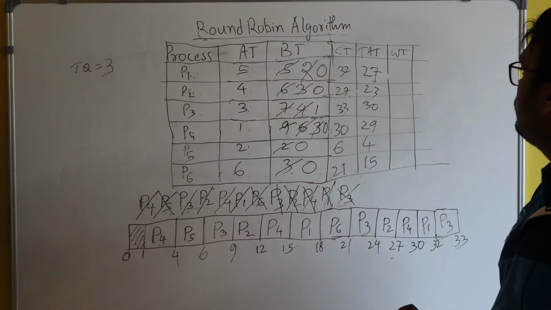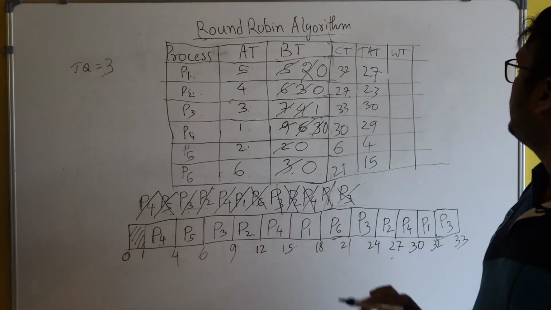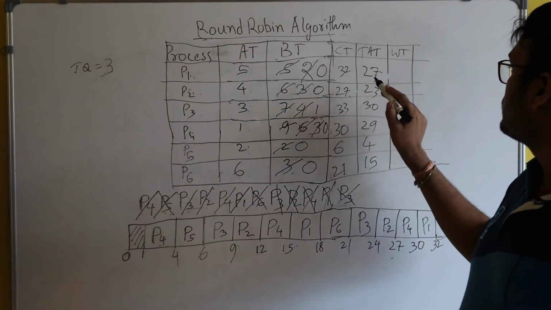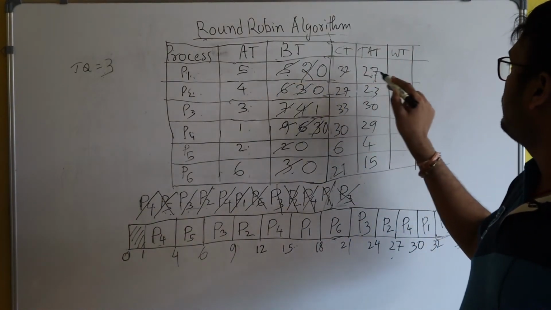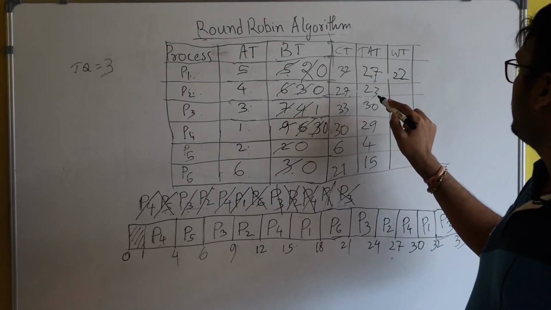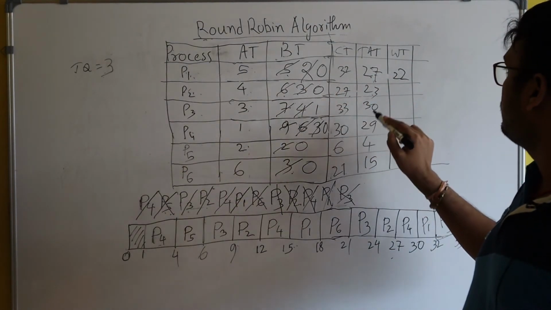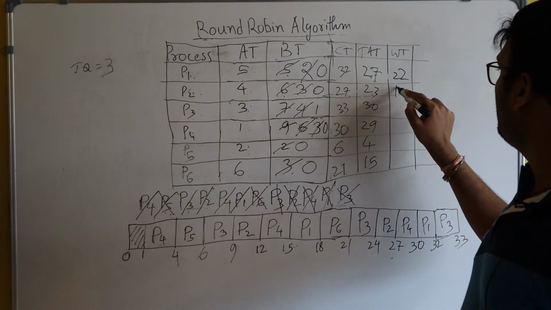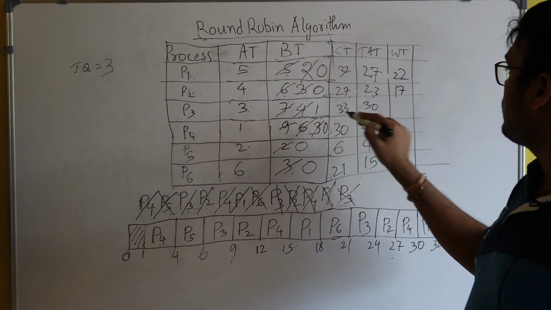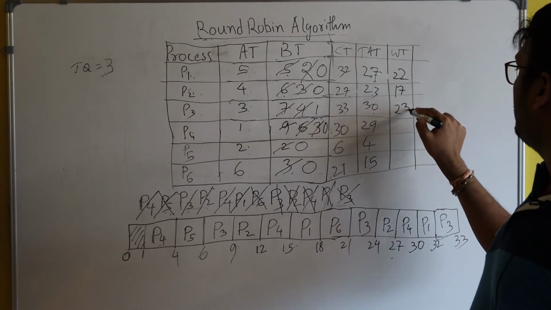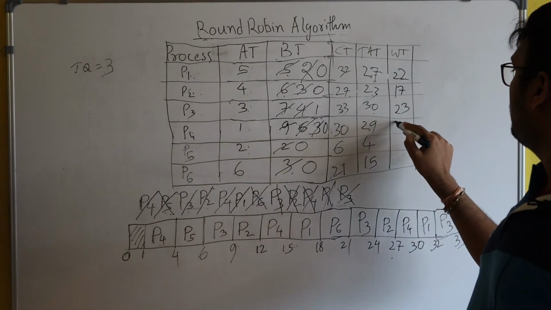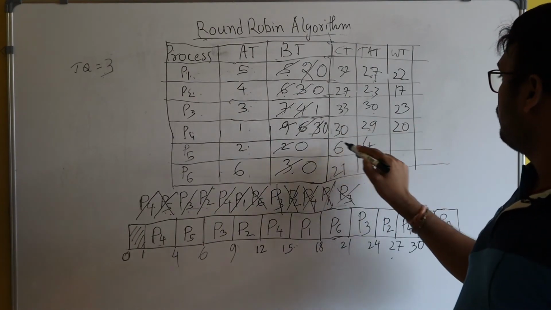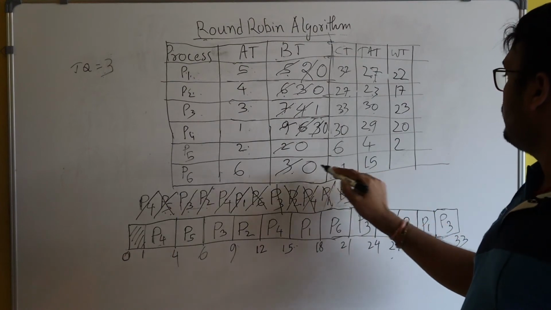Yes. Now just write down the waiting time: turnaround time minus burst time. 27 minus 5, 22. Then 23 minus 6, 17. Then 30 minus 7, 23. 29 minus 9, 20. 4 minus 2, 2. 15 minus 3, 12.